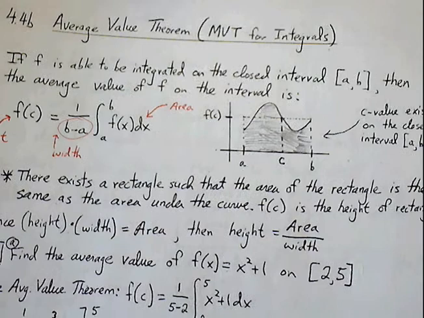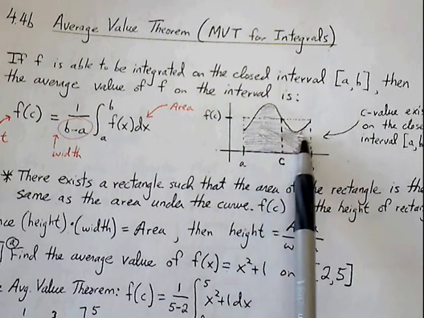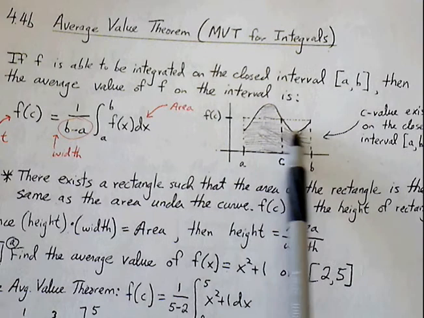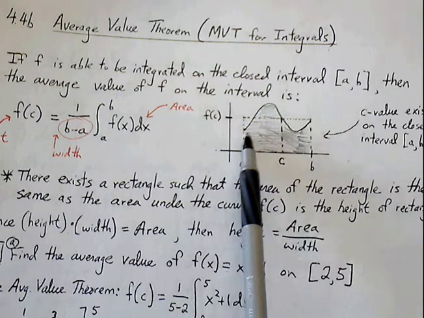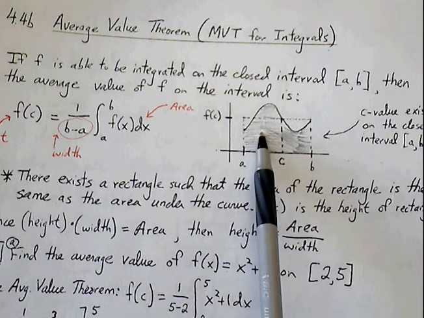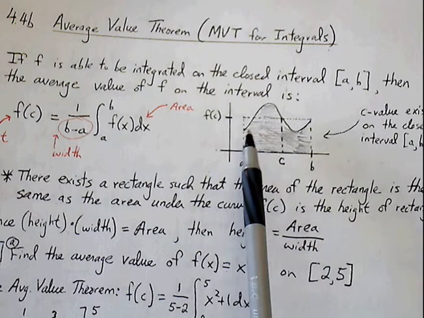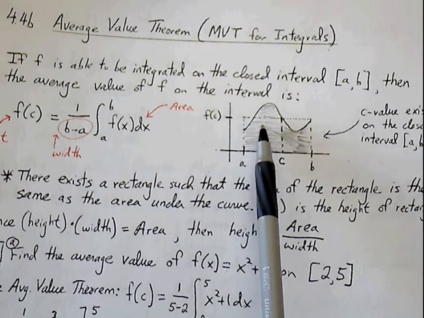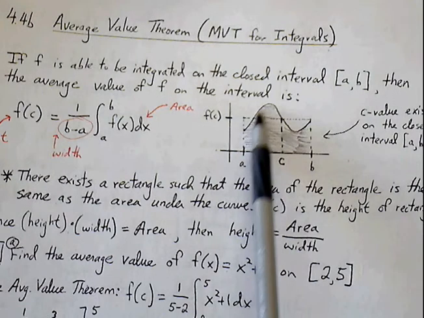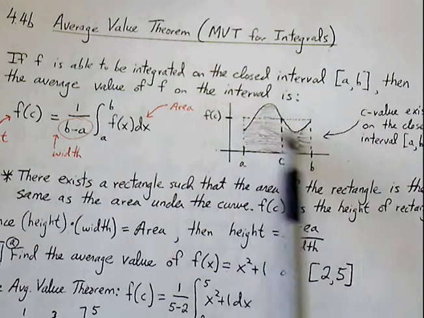And the idea is that if we have an interval here, the region between the endpoints, the curve, and the x-axis produces a certain value for the area. Imagine that we wanted to create a rectangular box out of this area.